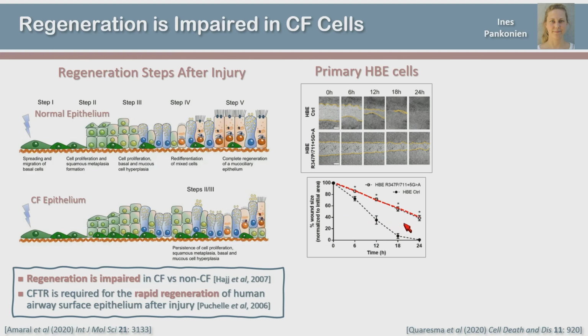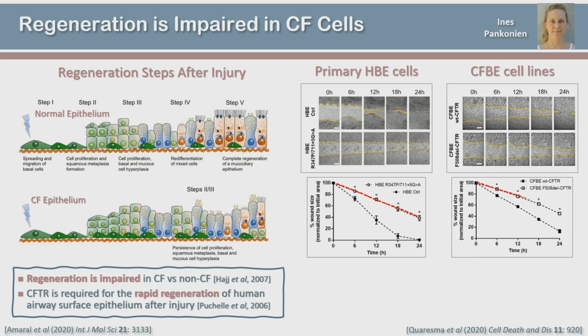Now, this appears like a paradox, because I told you that the cells differentiate faster, but in terms of closing the wound, they're actually slower. So this is just to show that the same difference is also recapitulated in CF cell lines.